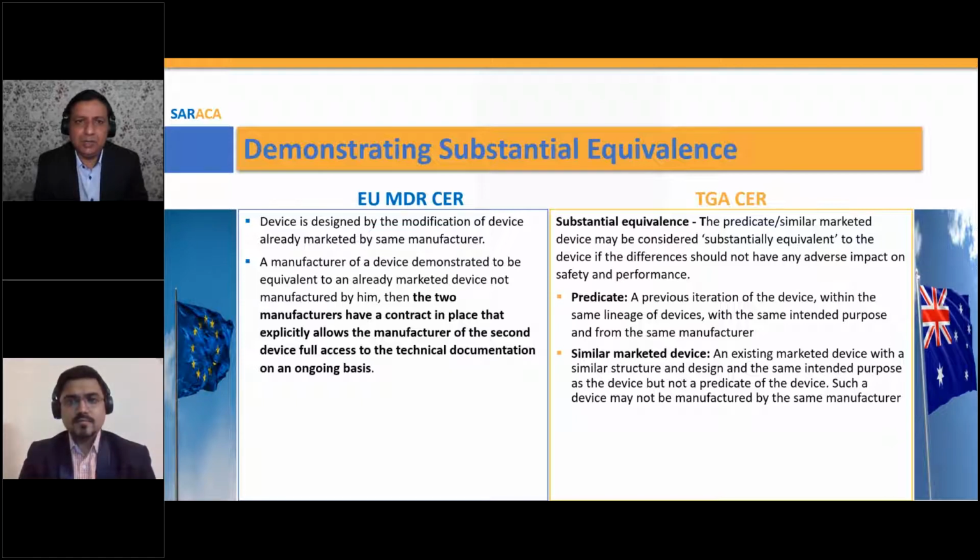So our suggestion would be that you make a good judgment of the predicate device, and have some sort of collaboration with some of your partners or competition in some way if you want to remain in the market. Otherwise, there is a good chance that you may not have your device in the market beyond May 2021. We had a couple of cases on this with our customers.